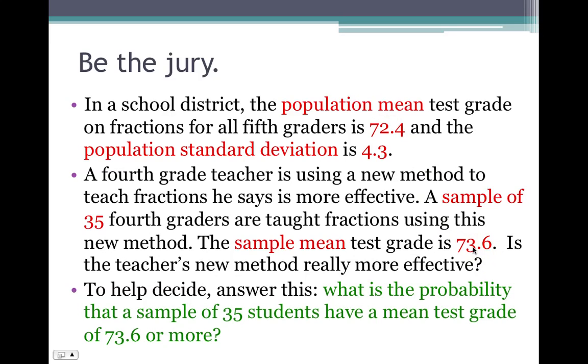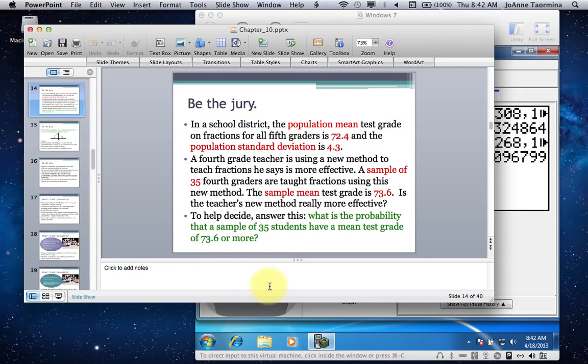So to answer the question on probability, we have to first figure out the standard error, because this question involves a sampling distribution. We have a sample of 35 students and we have their sample mean. So to find the standard error, you're going to take 4.3 divided by the square root of 35.